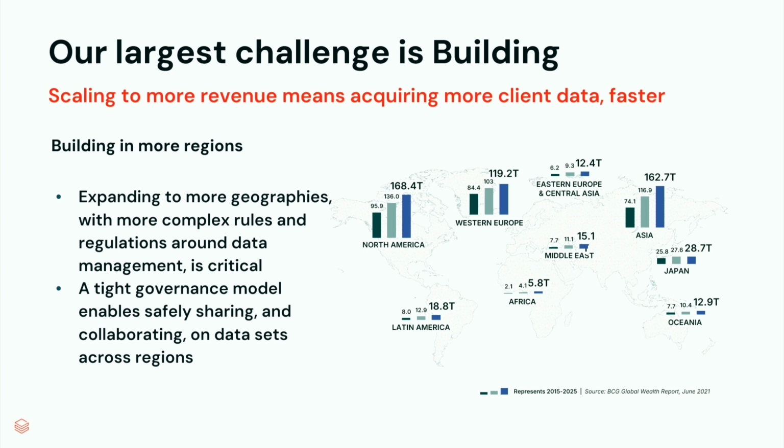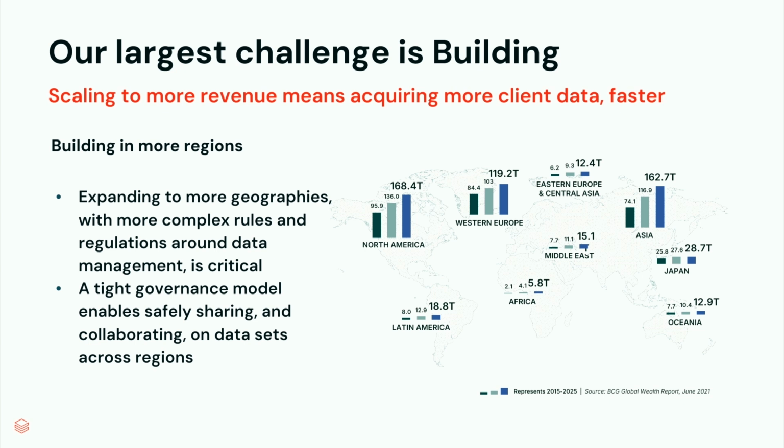Again, this is our view of the world. It's trying to expand as quickly as we can and build as many feeds as we can. And that's really the hardest problem that Addepar has to solve. We want to expand to different regions, and in doing so, we need to work with different custodians, and maybe different market data providers that we have to integrate into our core platform.